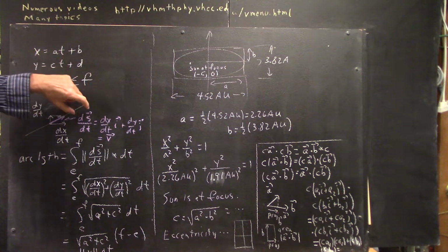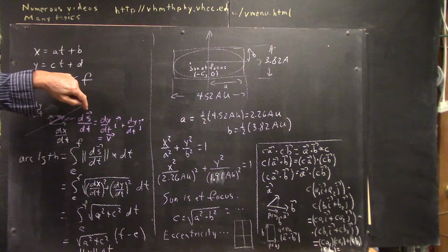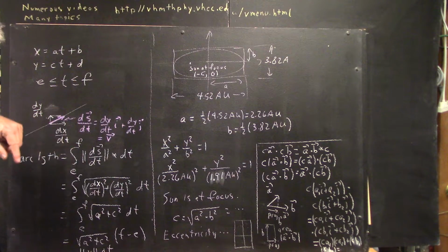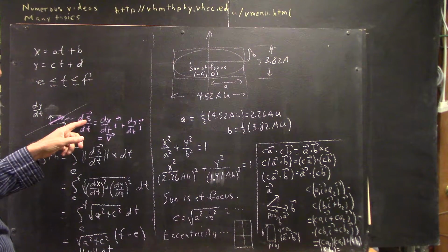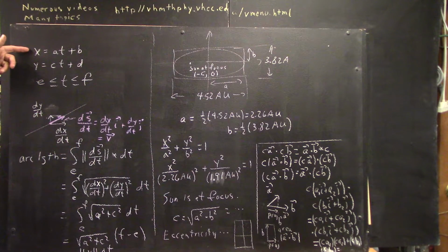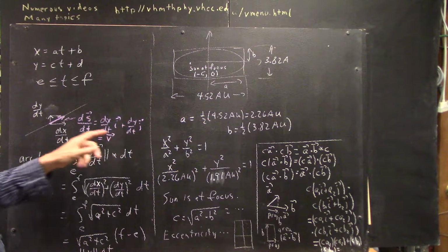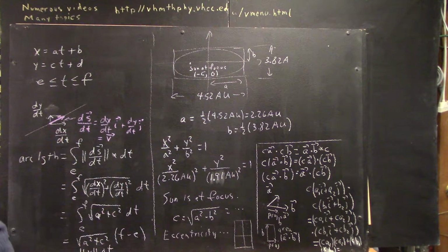That is the rate of change of our position with respect to time. Of course our position vector is just x of t times i plus y of t times j. So this is just the derivative of our position vector with respect to t.